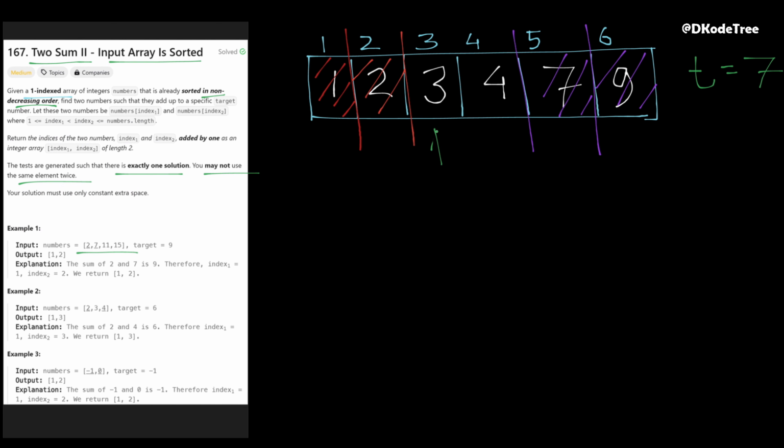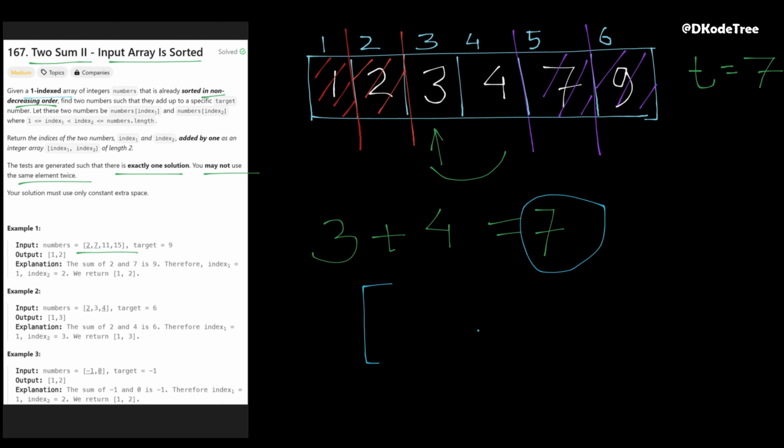Now we are at 3 and we will be checking whether 3 plus 4 is equal to 7 or not. And it is. So we have found our target and we can return the indices of 3 and 4 as result. So we can directly check the index of 3, which is 3, and index of 4 is 4.